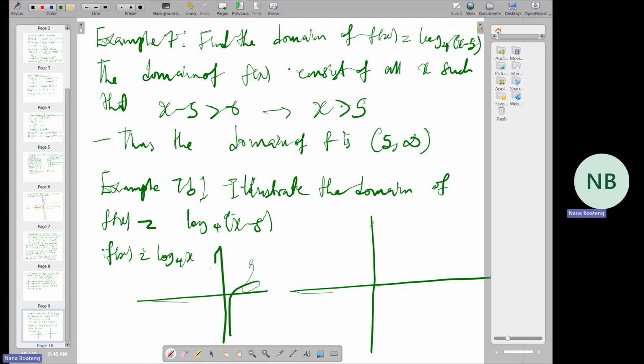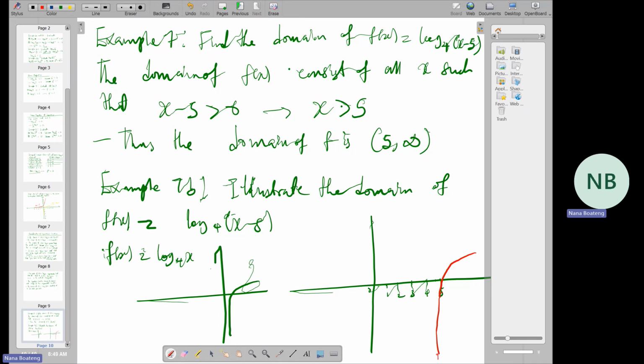So if this is 0, 1, 2, 3, 4, 5, this graph here will become something like this and has an asymptote as it approaches 5. It has a vertical asymptote as it approaches 5.